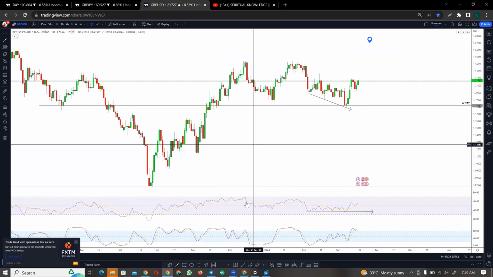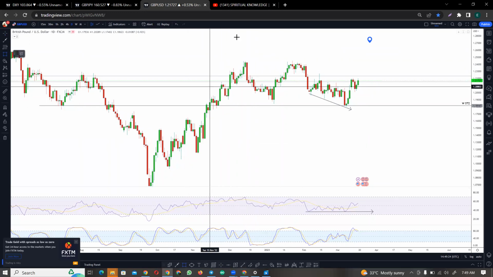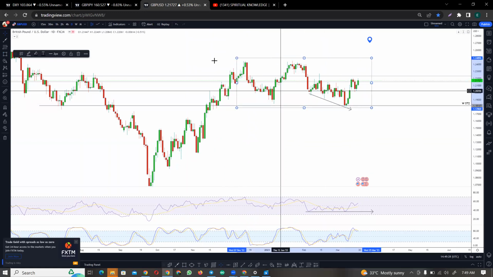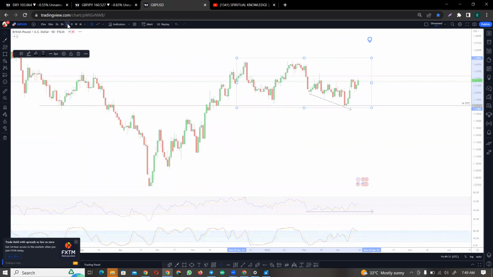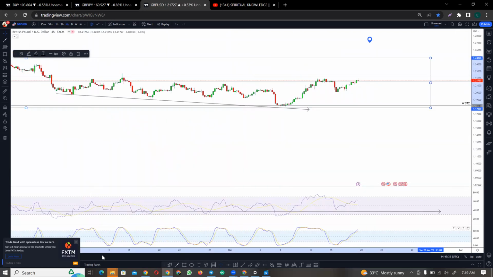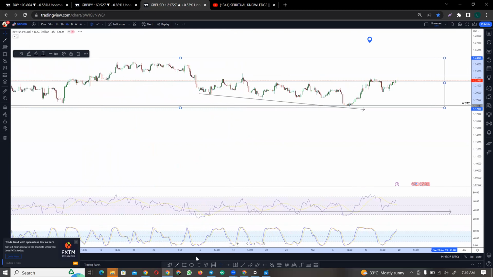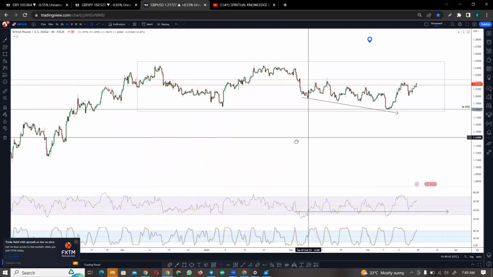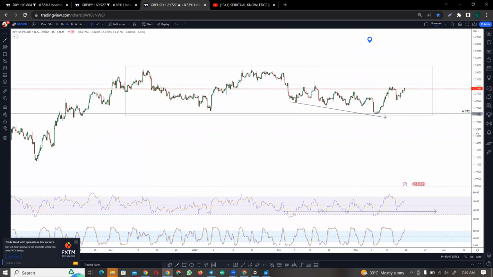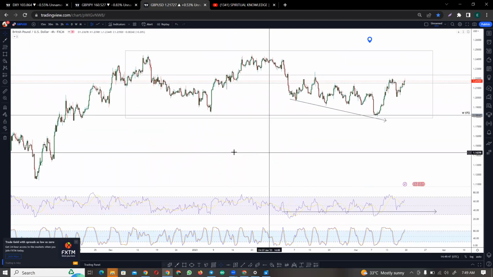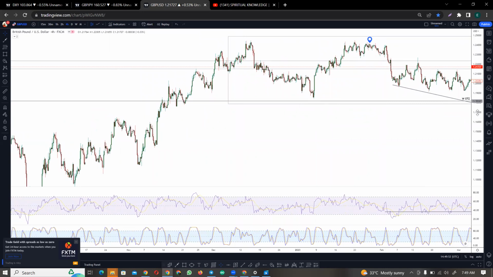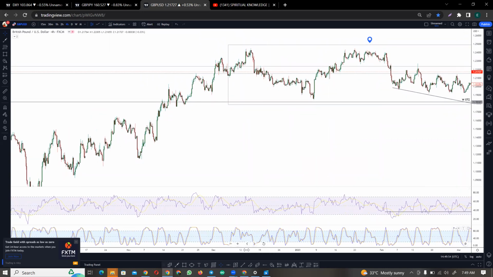Okay, let me mark. This should be what we'll be looking at on the 4-hour time frame. So on the 4-hour time frame, let's read structure.